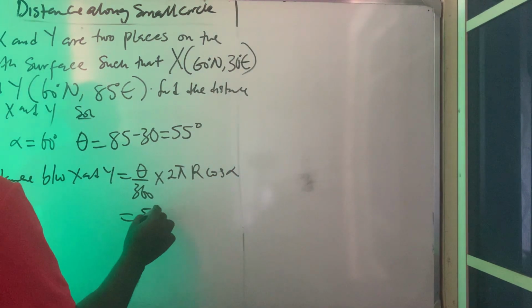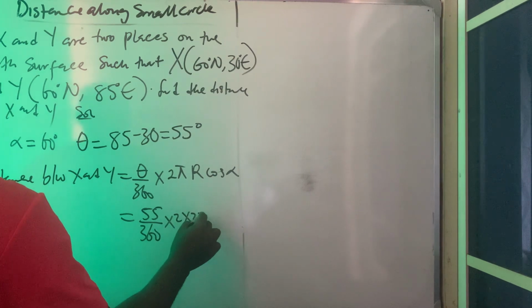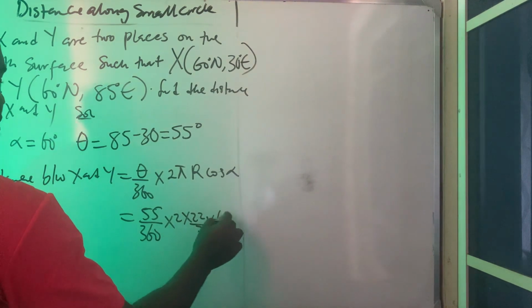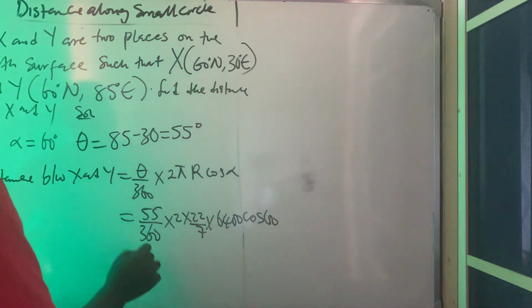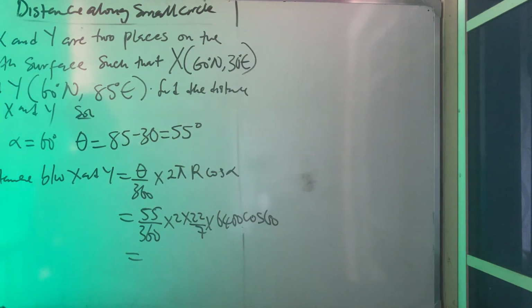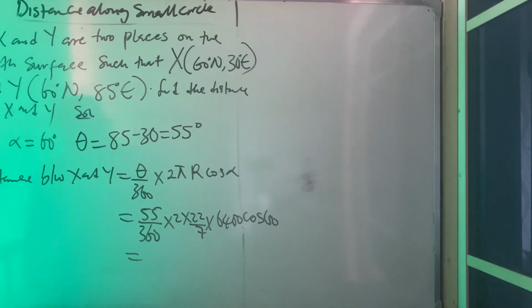What do you have? 55 over 360 times 2 times 22 over 7 times 6,400 cos 60. Don't forget that cos 60 is half. So if you do everything, press it in your calculator and tell me what the answer is in the comment section.